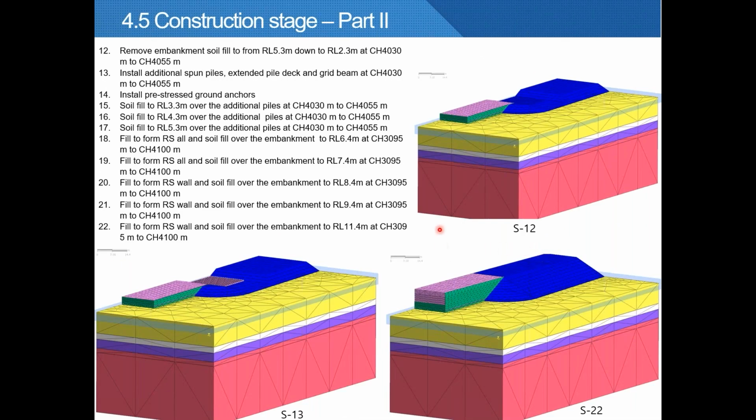After that, partially remove the embankment down to RL 2.3 to install the spun piles at this portion, grid beams and anchors here, and backfill the embankment to RL 5.3. Then construct the reinforced soil wall and embankment gradually to RL 11.4.